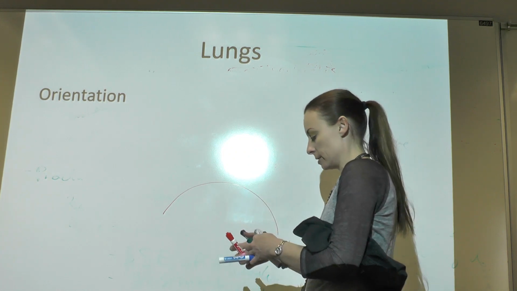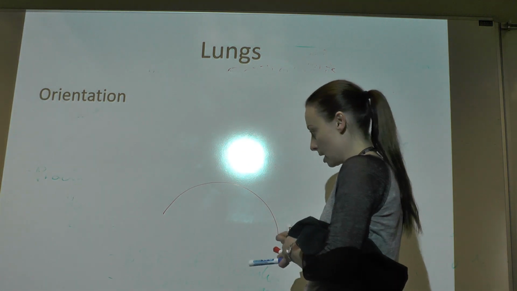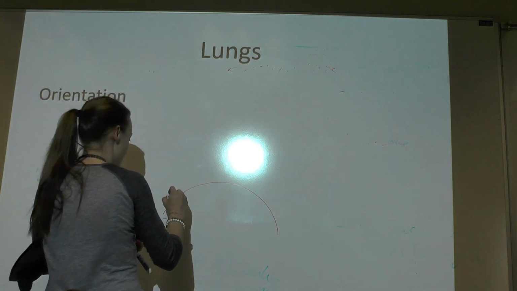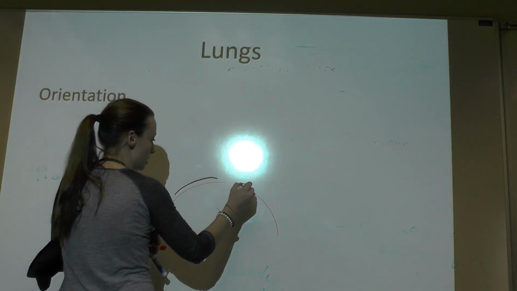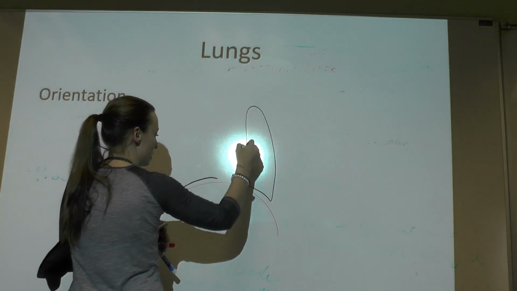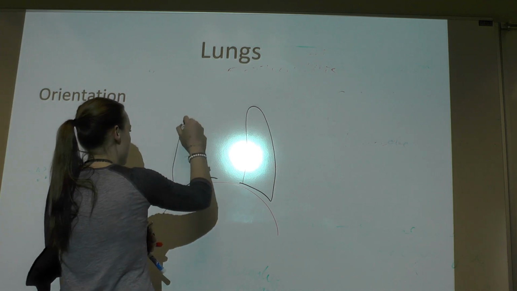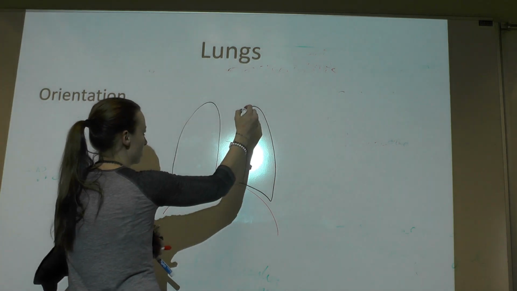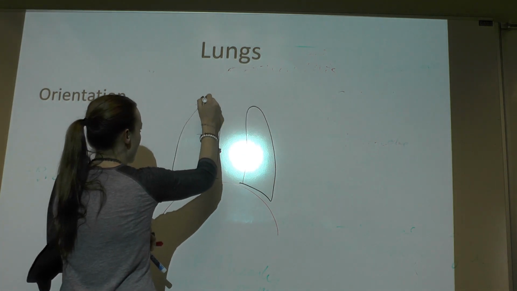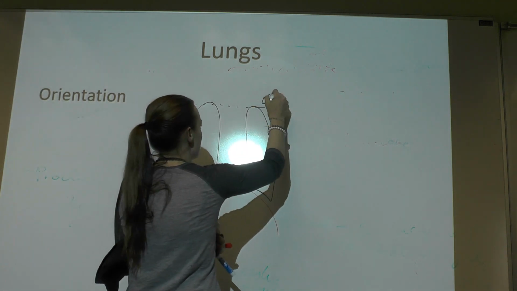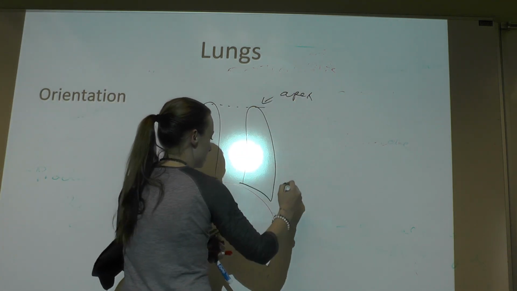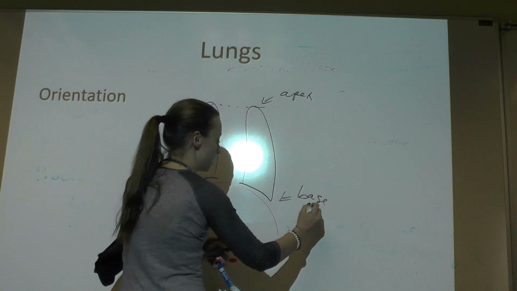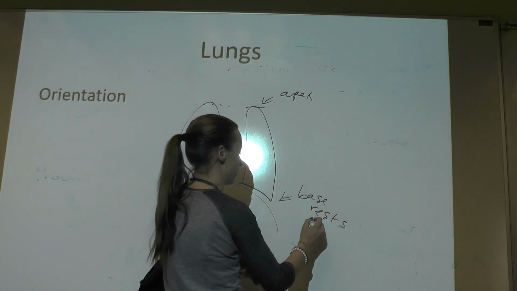So superior to the diaphragm, we have our lungs. The base of each lung sits on the diaphragm, and the apex of each lung sits back here behind your clavicle. So this is the apex, this is the base, and the base rests on your respiratory diaphragm.